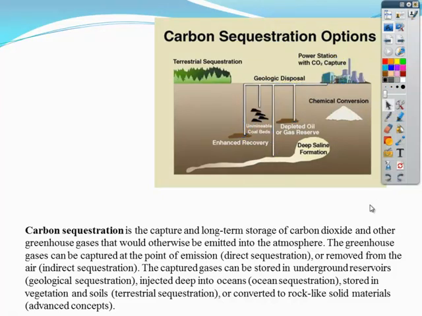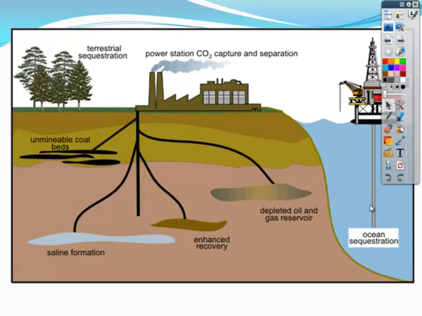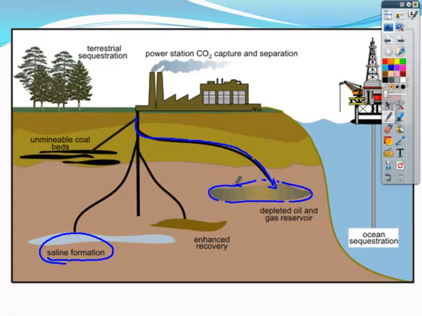Okay, now where can you actually place the carbon? There's several places that they like to think about. The carbon sequestering can go down into deep salt formations, okay? Areas where they took oil or gas out of the ground, so there's some space in between the fractures of the rocks where you can put this gas.